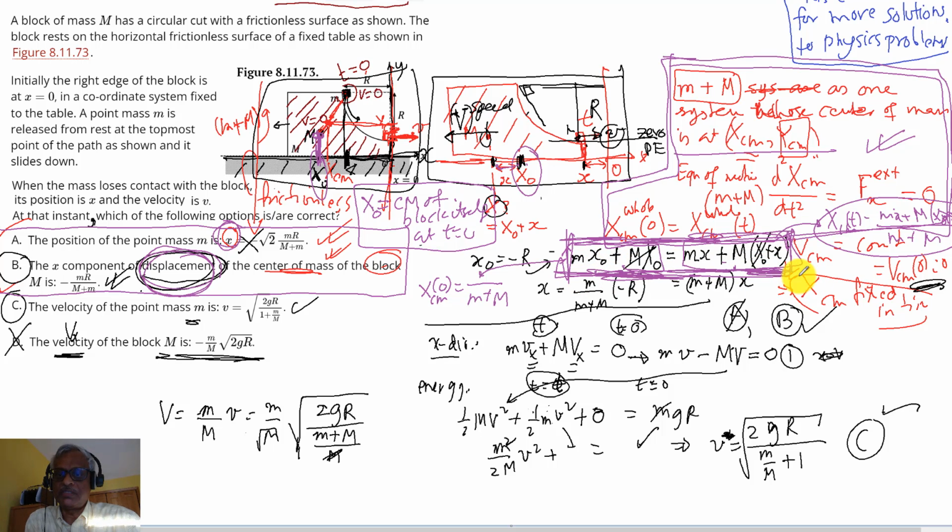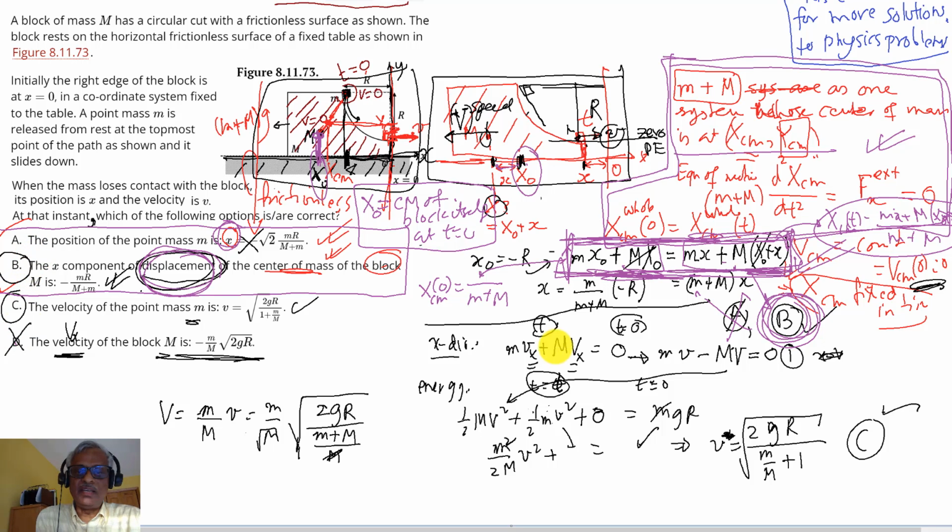So that was a simplification. And once you realize that, the rest is really nothing. After that, getting the x and getting that B is correct and A is not correct is quite simple.